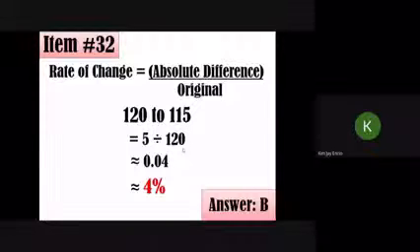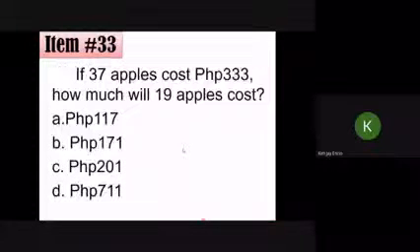Let's have number 33. If 37 apples cost 333 pesos, how much will 19 apples cost? 117, 171, 201, or 711? As I said in the previous video, we may employ ratio and proportion here.